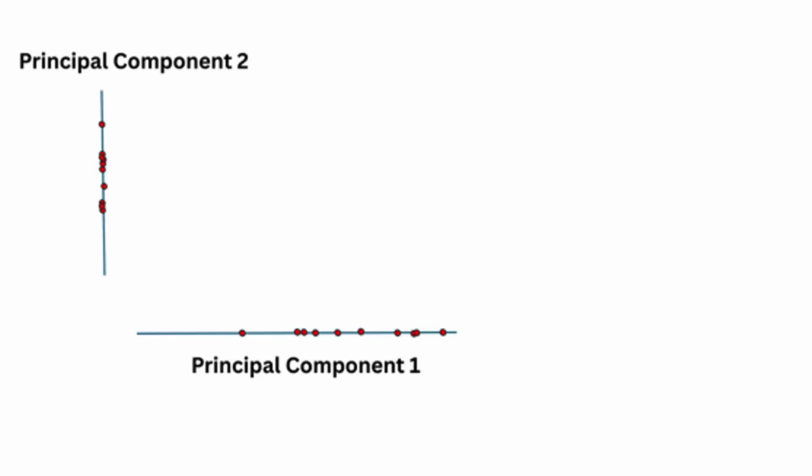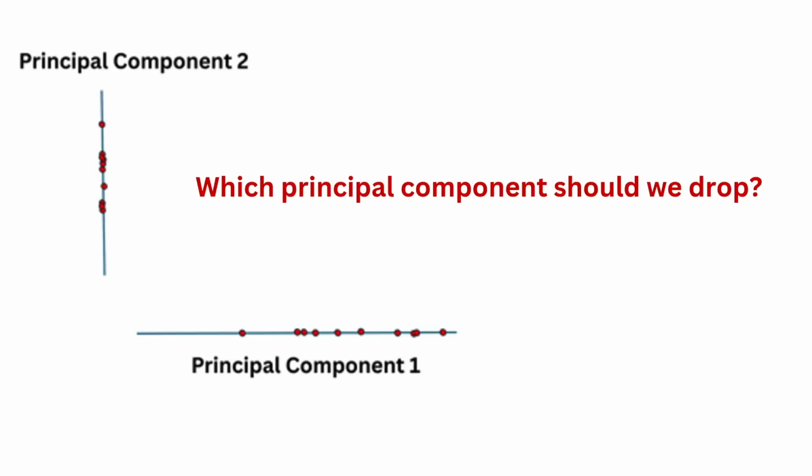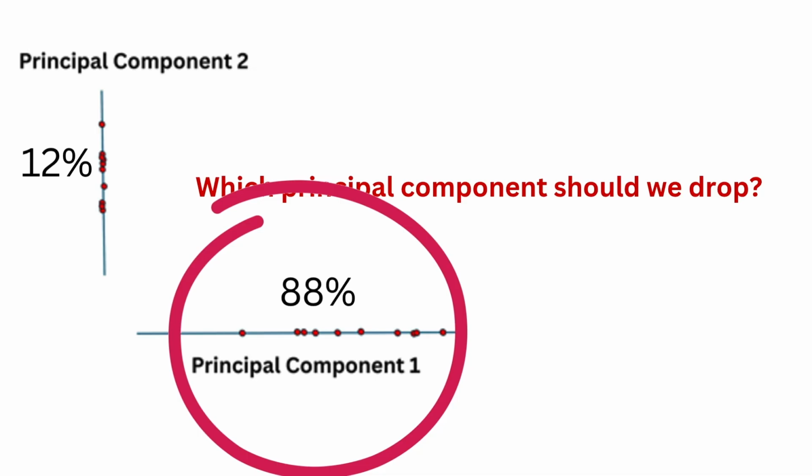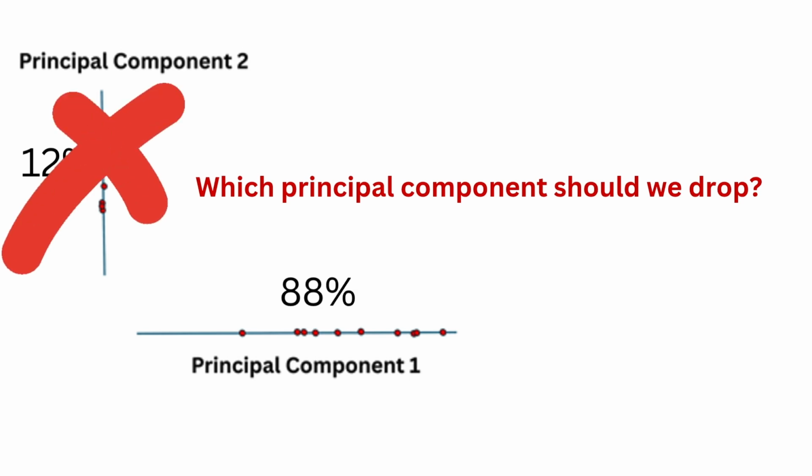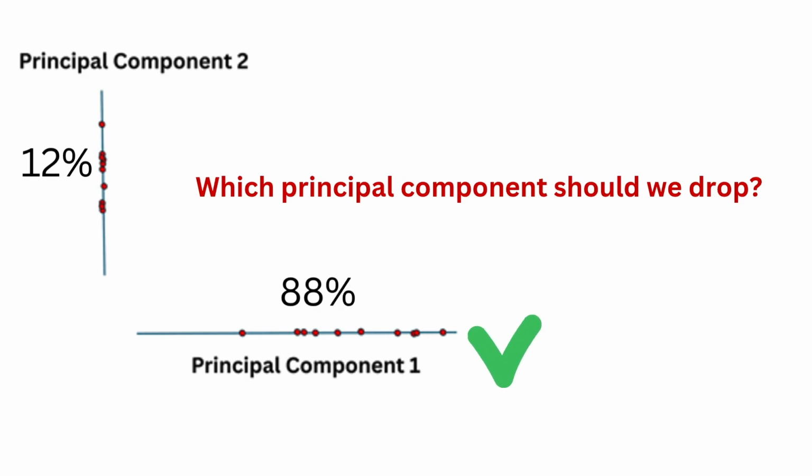So back to 2D. If we were to drop one variable and go one-dimensional, which one should we drop? Well, we want to use the axis or principal component that explains most of the variability. Here, the one with the wider range, because it helps keep most of the informational content of the original dataset once we start dropping axes. That is, because we are dropping axes, we don't want to lose too much of the explained variation when we do so, to keep a high explanatory power with the remaining axis we have.